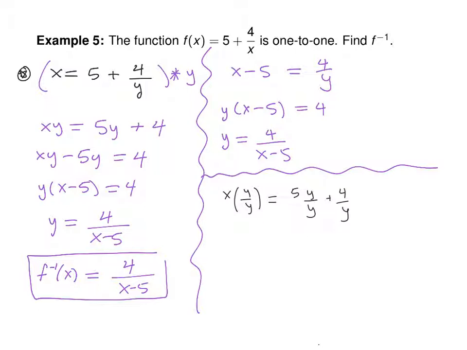So that's xy equals 5y plus 4, and we're at the exact same step we were at here. So all of those methods will work. I would just suggest that if you do common denominator, get a common denominator across the entire fraction, at which point you can multiply by it and it goes away.